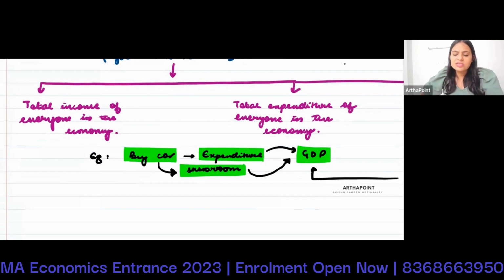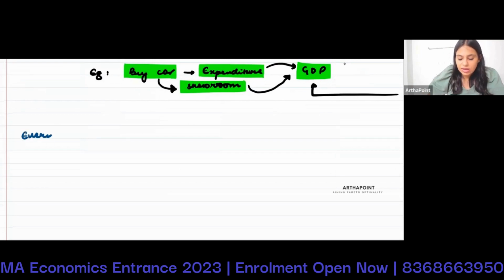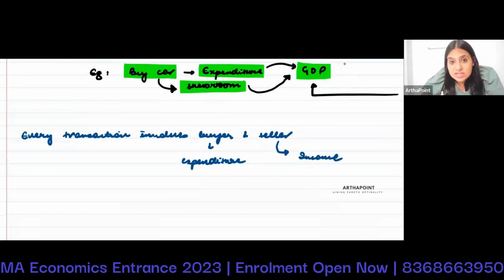So in simplest terms, I can say that every transaction that takes place, and please write this down, involves a buyer and a seller. So the buyer is the one who is doing expenditure. And the seller is the one who is earning the income. And the transaction itself is in a way the output.